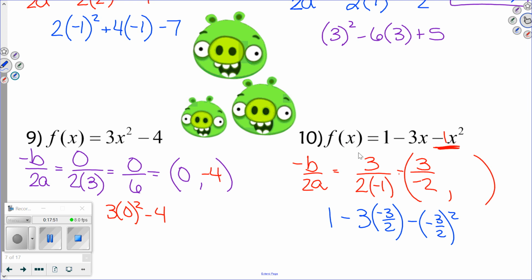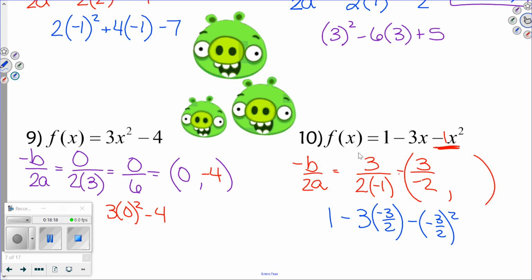If you hit the green alpha button and then hit y equals, which is two buttons above that, and hit enter, you can put in a fraction. So what did we get? Let me type it in: 1 minus 3 times negative 3 minus negative 3 over 2 squared.